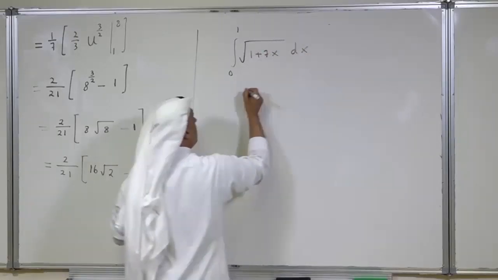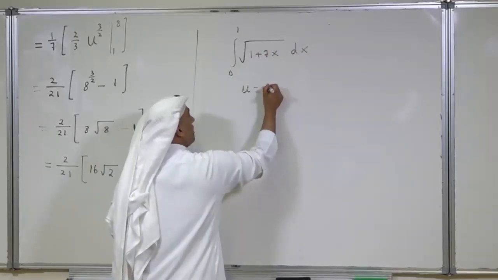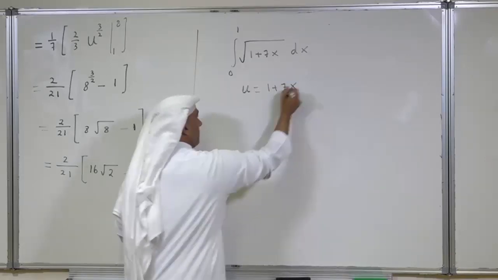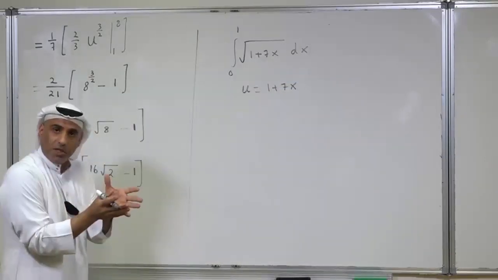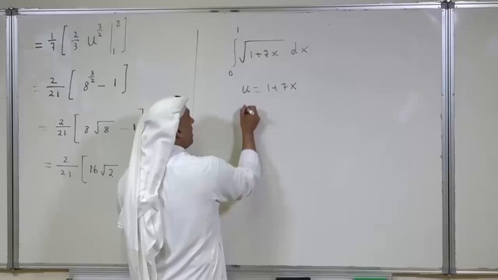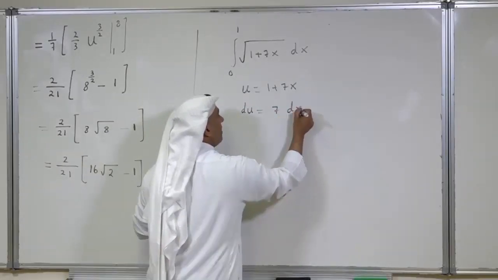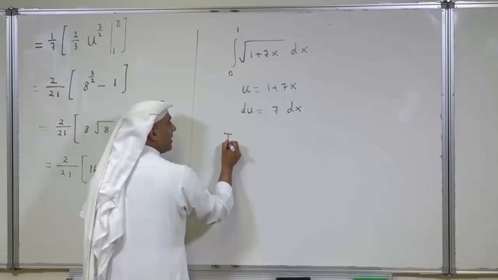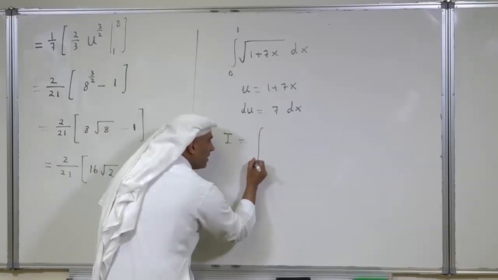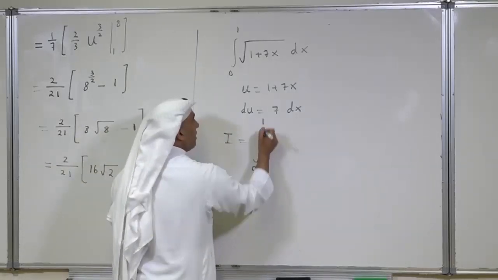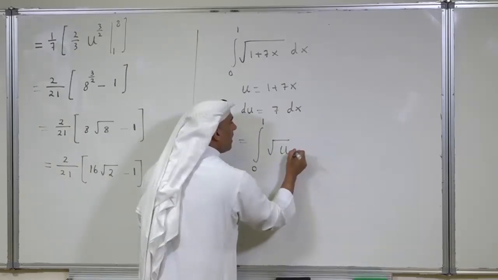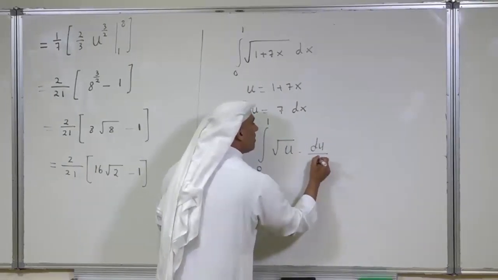So I will make a substitution u equals 1 plus 7x. Now they evaluate du, no problem, and say it is 7 times dx. But when they come to the integral, they will write like this: 0 to 1, radical u times du over 7.